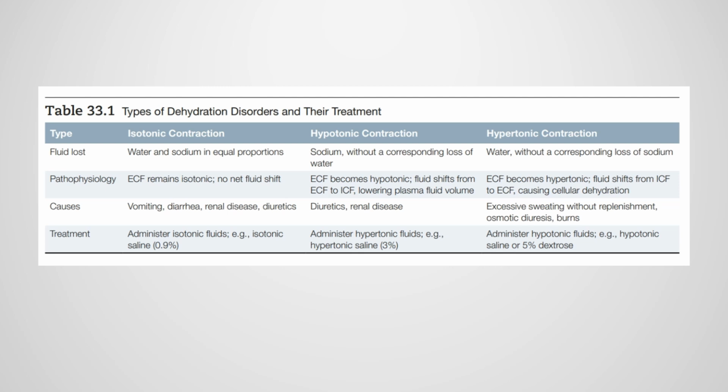So say half normal saline, which would be 0.45% normal saline, because when they came into the hospital, their sodium, say, was 160, which is much too high, and we want to bring it down. So we're going to use a hypotonic solution to dilute the high sodium that's in the serum. Okay, I hope that makes a bit of sense. We'll come back to it.